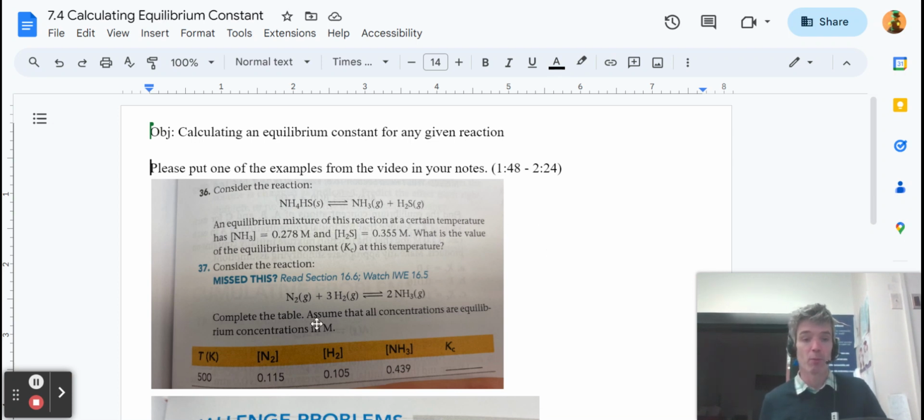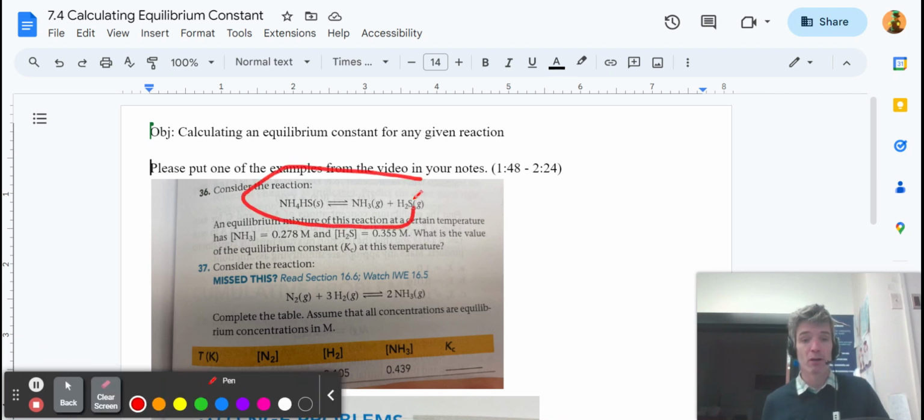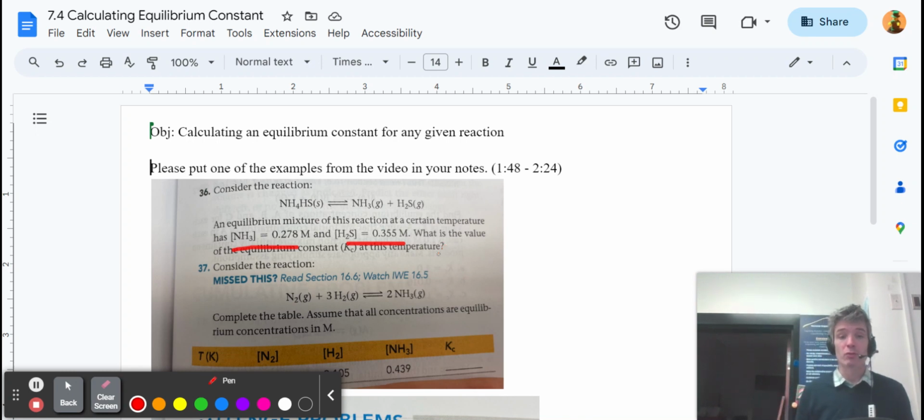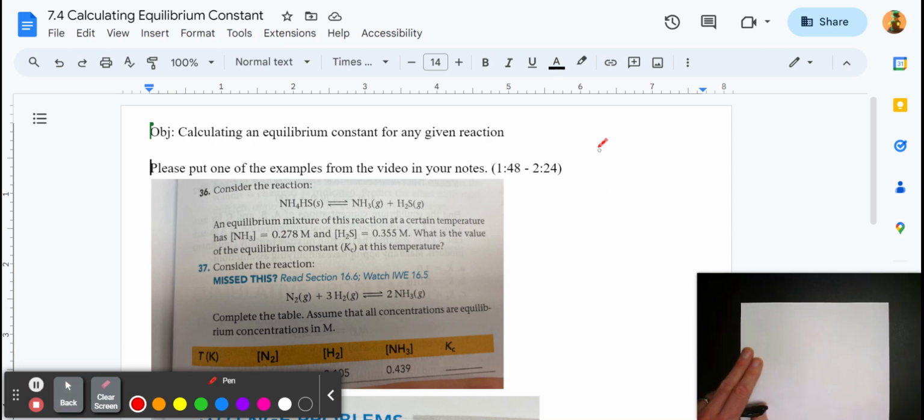Right, here's the problem. What's important if I look at this problem? I need my equation. I'm also at equilibrium. I've got these two concentrations. First thing I need to do is write my equilibrium expression.